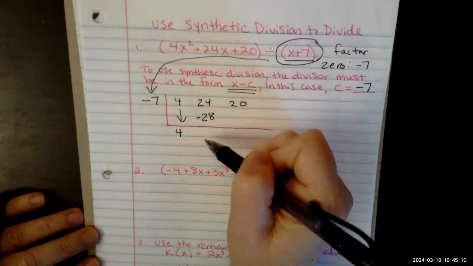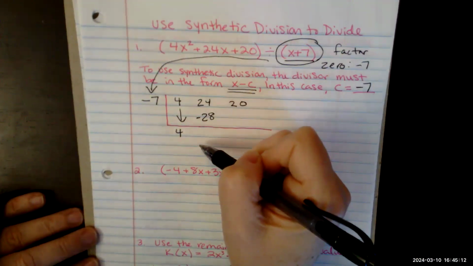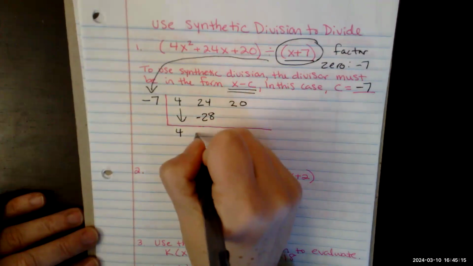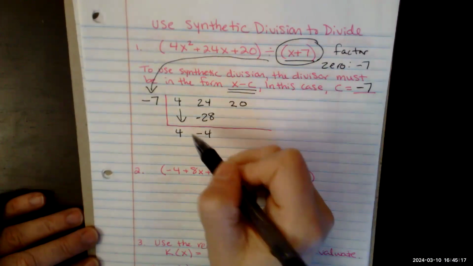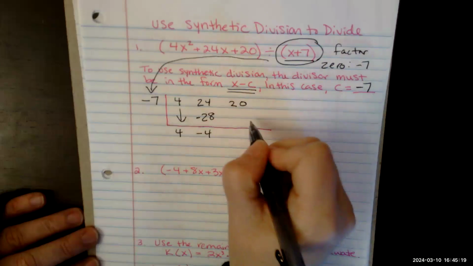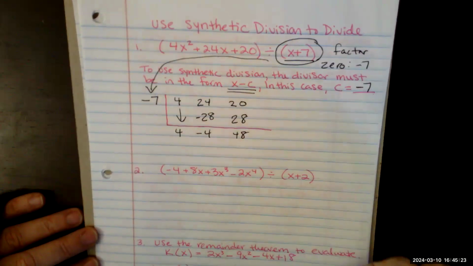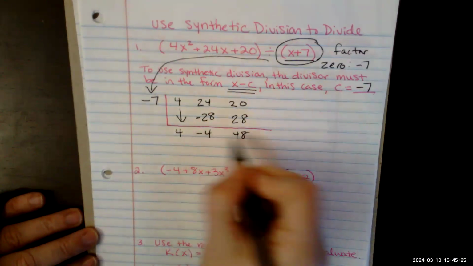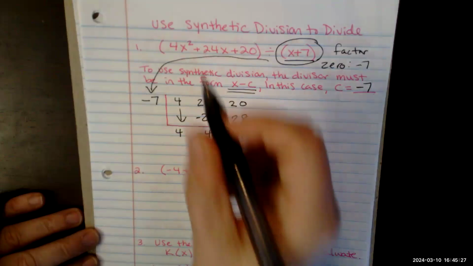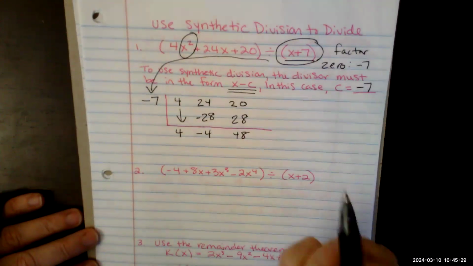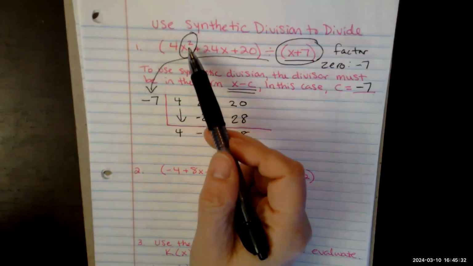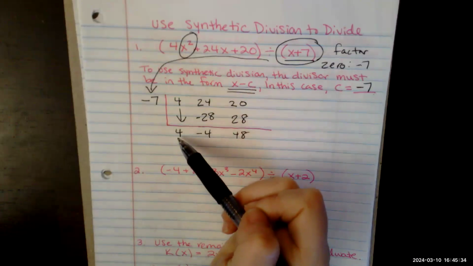And then instead of subtracting like we did with long division, we're going to add. Multiply again, and then add. What this means is whatever x we were here, since we're dividing, if that was an x to the 5th, it would now become x to the 4th.